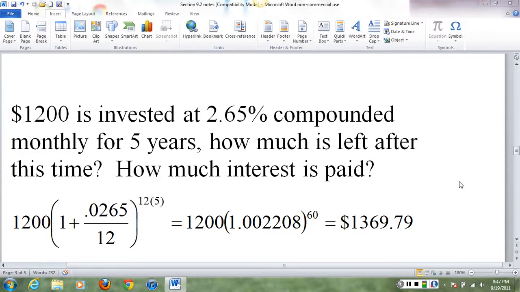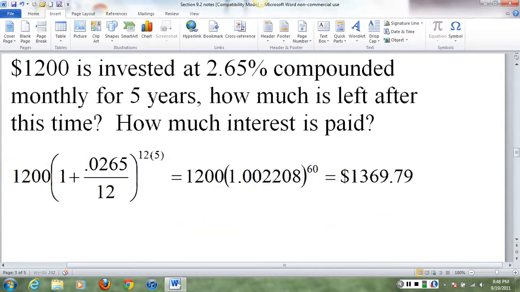When you do the math, an estimation is 1.0022808 after dividing 0.0265 by 12 and adding 1. Then we raise to the 60th power, multiply times 1200, you get approximately 1369.79. So that's how much is left.